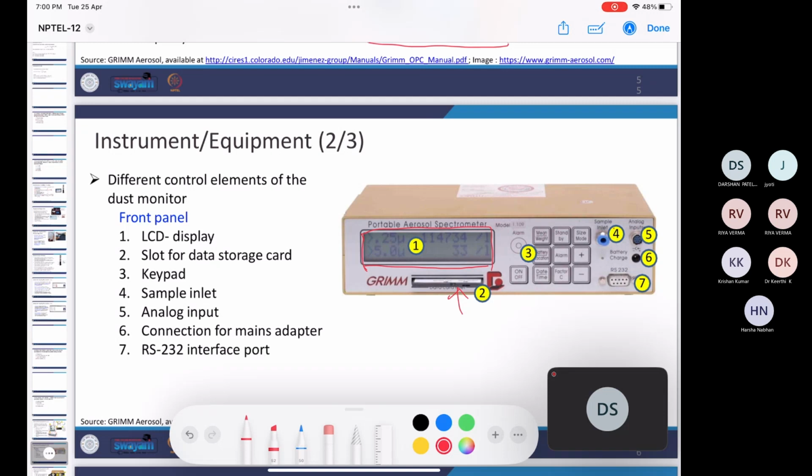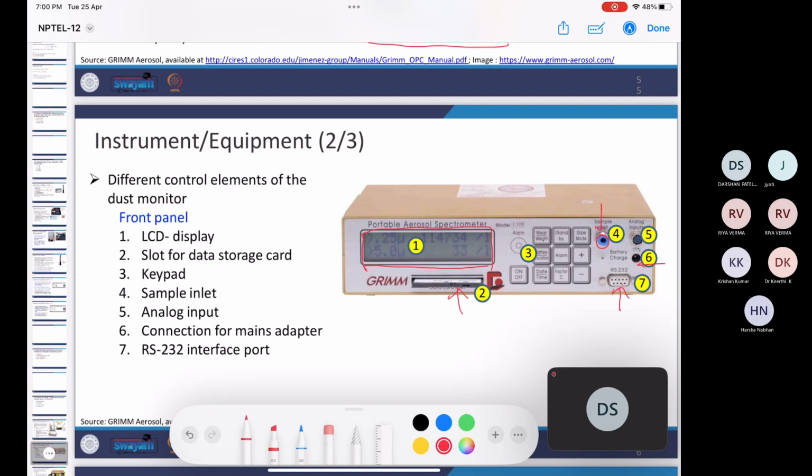Then this is the sample inlet. If we are not using the outer casing, this inlet works as the sample inlet. This is your analog input, and here this is your battery charger or adapter point, and this is the RS-232 cable inlet point.